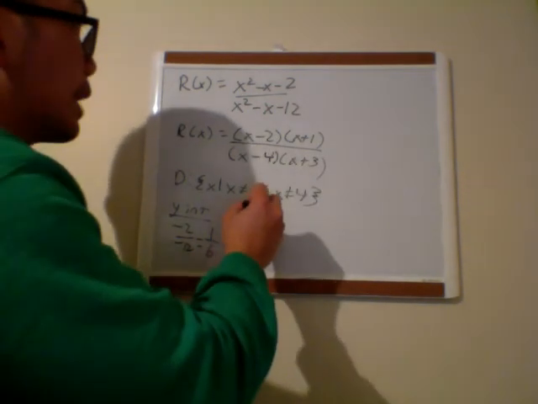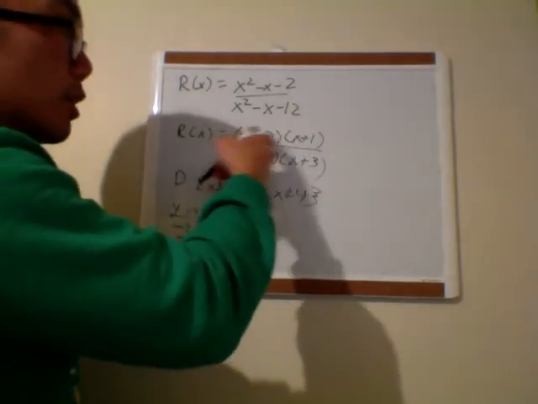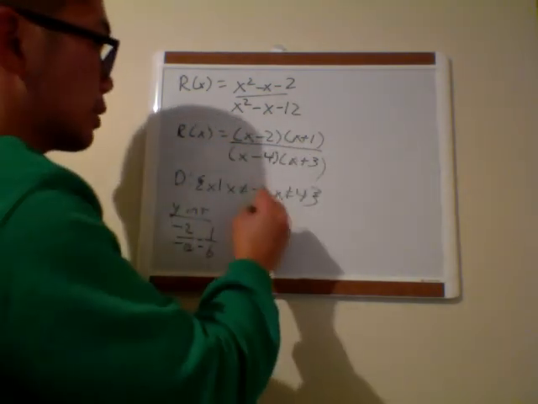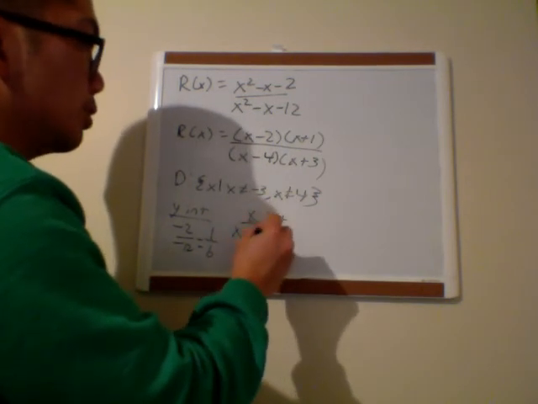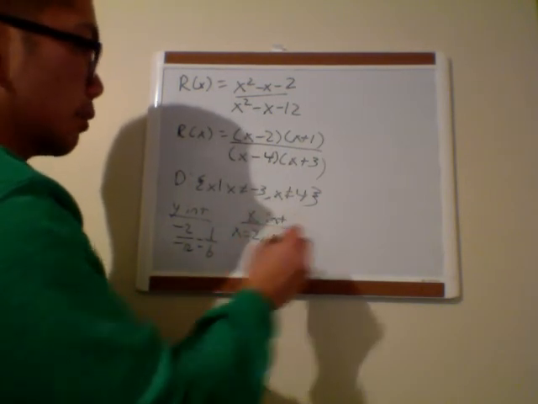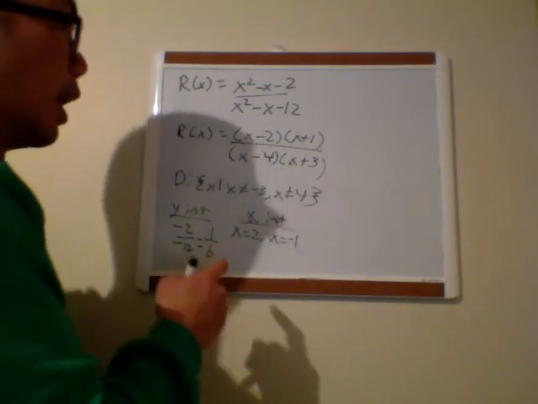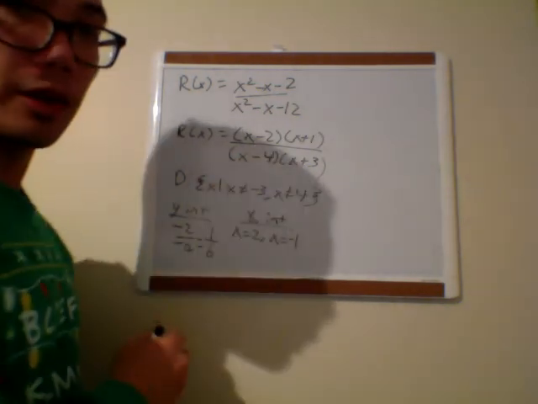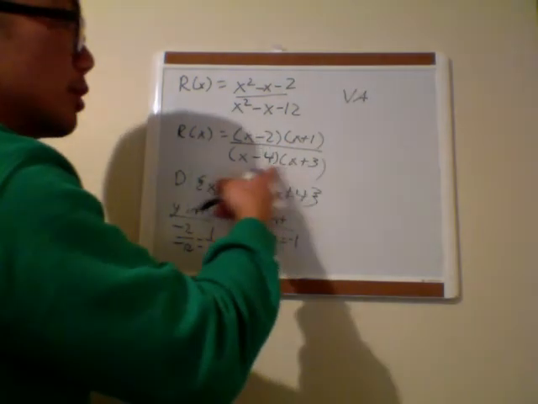And then I know my x-intercept is when the numerator is equal to 0. So this is the numerator factored. So I know I'm going to have x-intercepts at x is equal to 2 and x is equal to -1. I also know that I have vertical asymptotes at 4 and -3, because this is the simplified version.